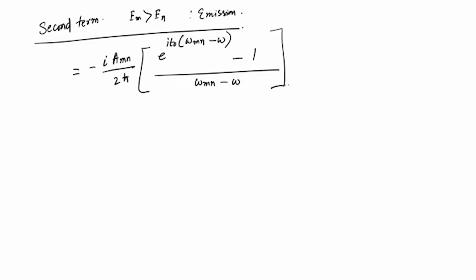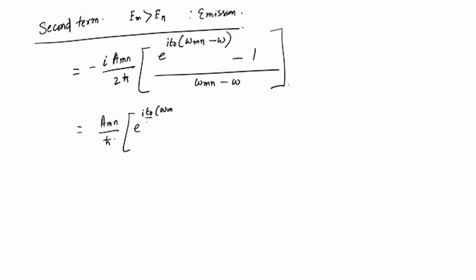So, this is the term that we have, and we can do a little bit of mathematical manipulation and write it as a_mn divided by h cross, and we have this exponential. What I do is take out half of this exponential such that we can write it in a symmetric fashion.